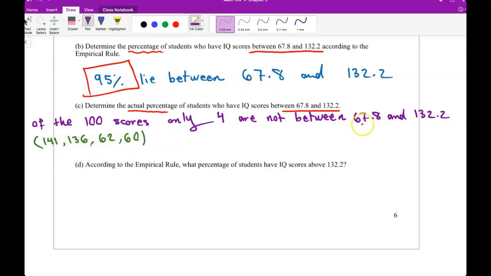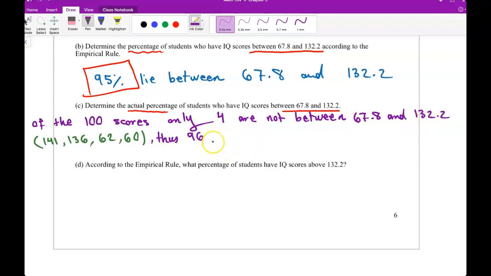So these numbers were not in this interval. Therefore, in total we have 100 scores, but these 4 are not inside that interval, so we have 96 scores in this interval.